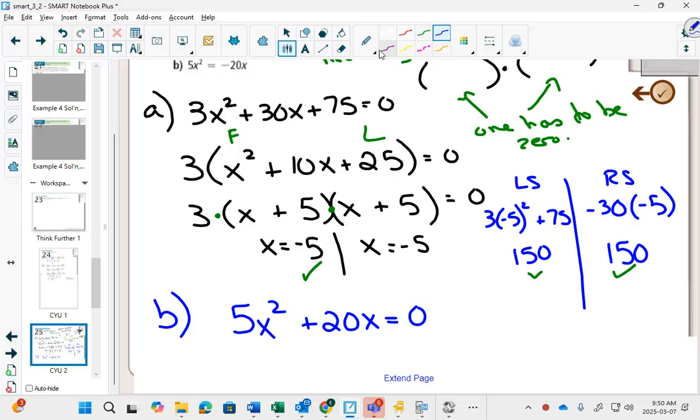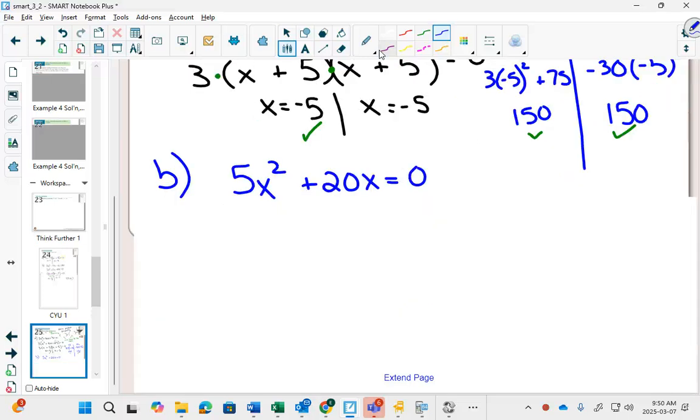It's not a difference of squares because there's no minus sign in between. But do we have a common factor? Yes. You see that there's a 5 in the 5 and the 20, and both terms have an x. So if I factor out the 5x, that would leave me with x plus 4. Here's my multiplication now. You don't need to put the 5x in brackets, but you could if you wanted to.